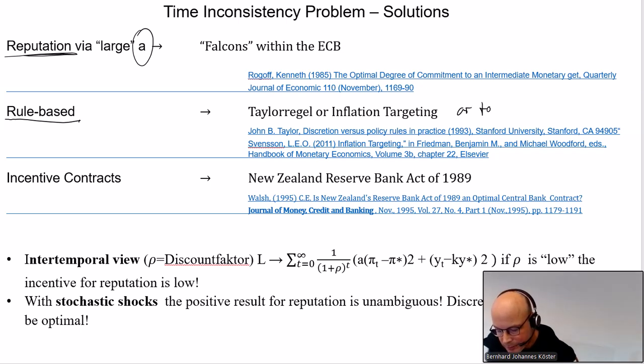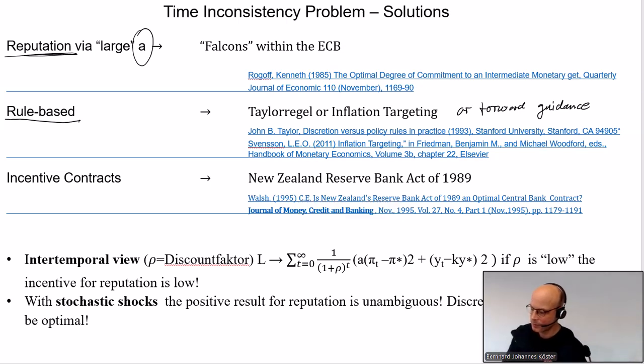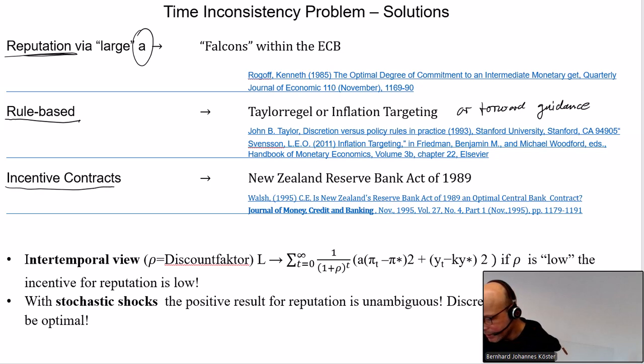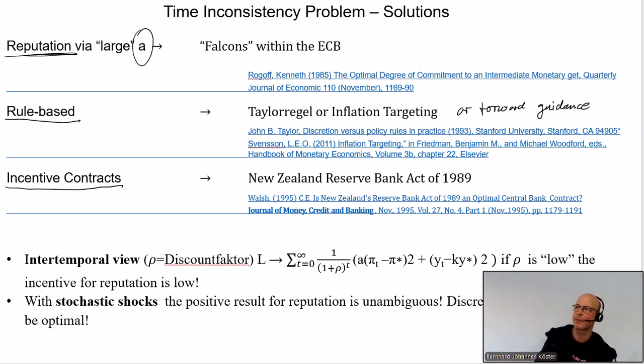Or a quite nice idea, but this we do not find very often in the world, is that we also can say, if the central bankers have to sign an incentive contract, so that they really write down, well, we are measured in 1, 2, 3 years: how have we made it to focus on our target?